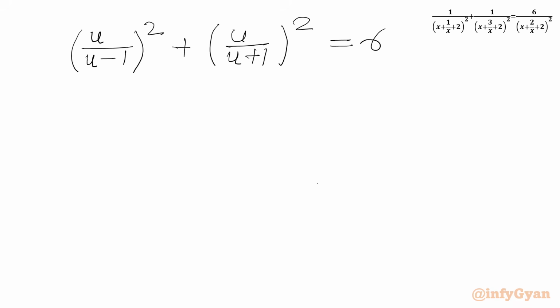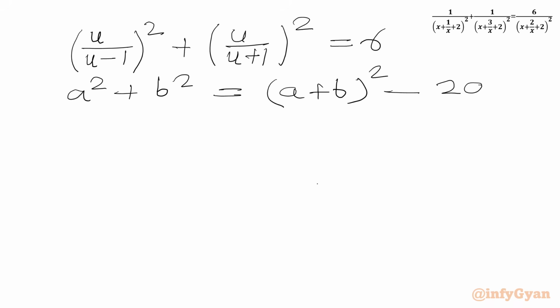Now we are going to use one algebraic formula, a square plus b square can be written as a plus b whole square minus 2 times ab. Let's assume this is a and let us say this bracket is b. So we have to find a plus b first.